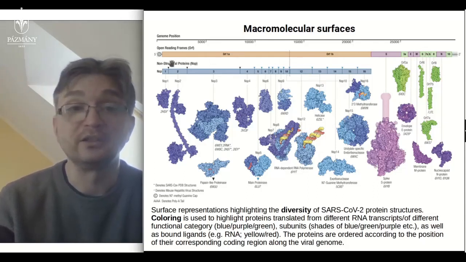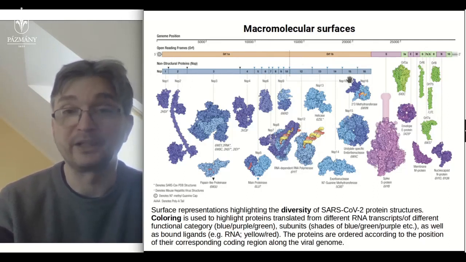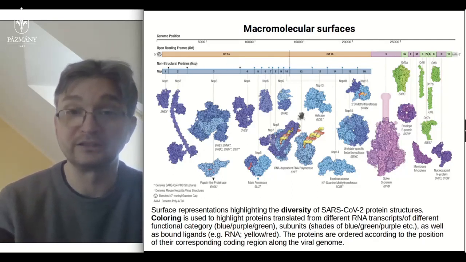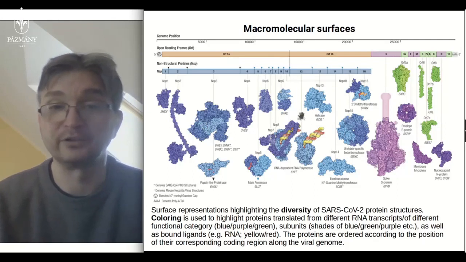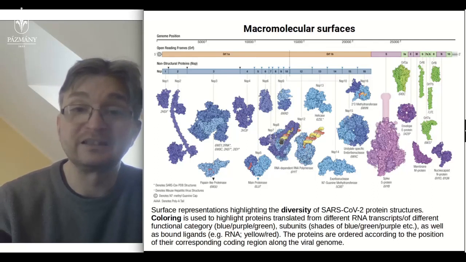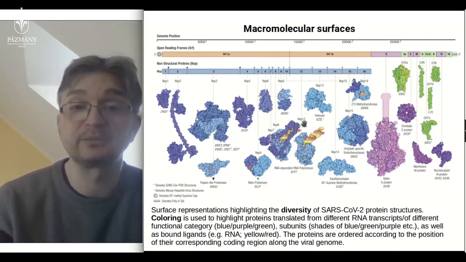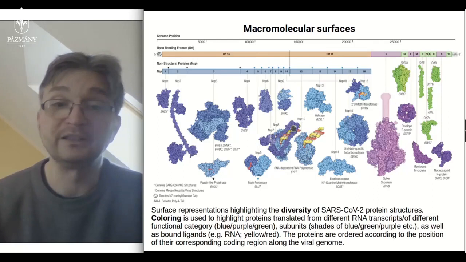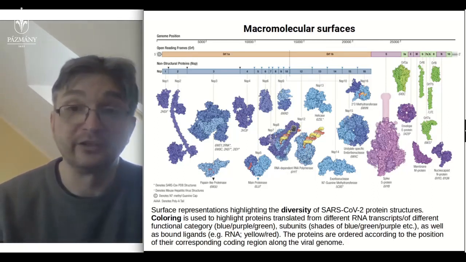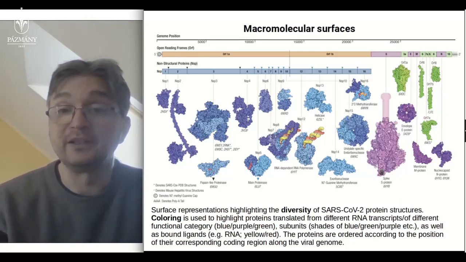The full viral genome is depicted here, and this polypeptide which is proteolytically cleaved to give rise to all these proteins is also highlighted here. Here you can see the polymerase again, this time with RNA and with the larger part of the NSP7 and NSP8 proteins, that is also a complex basically of multiple proteins, and proteins with different functions, for example the spike protein and the other proteins are colored differently.